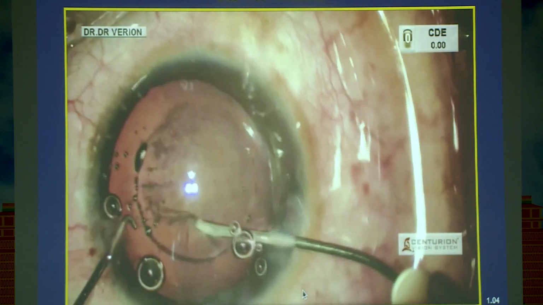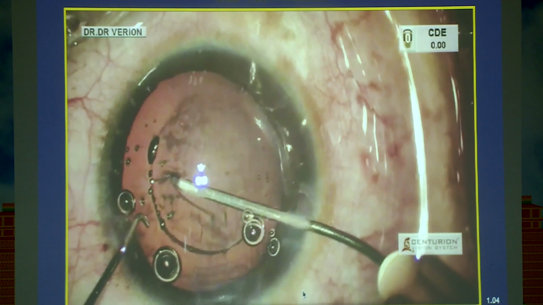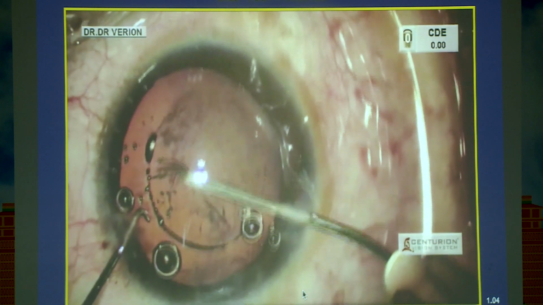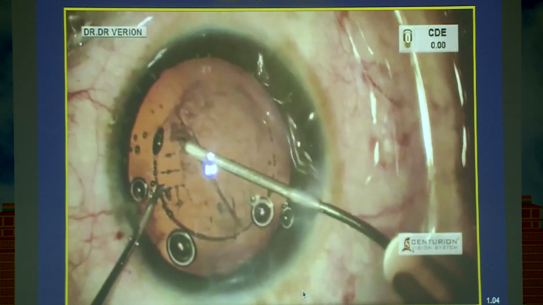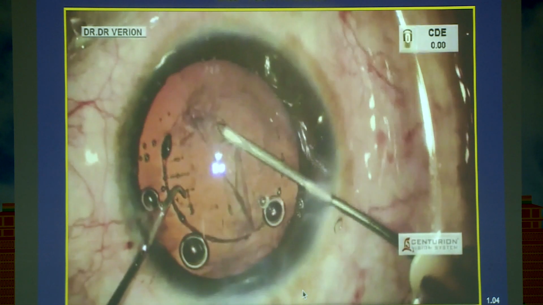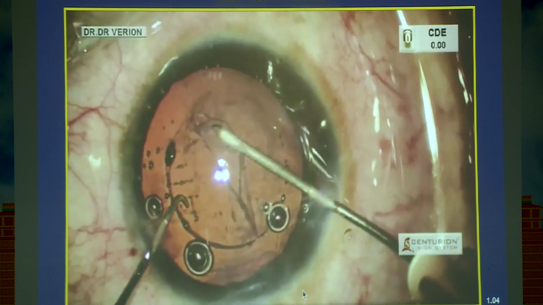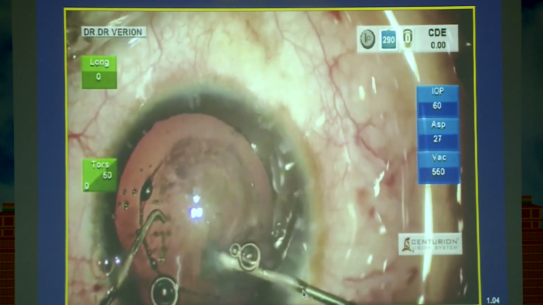It's not a free floating rhexis that you get, but a nice template of the rhexis, and essentially you can go ahead and then do it in the conventional manner, create a rhexis of about 5.5 millimeters, and then implant usually a highly myopic lens that goes into the bag, giving you a fairly good outcome.